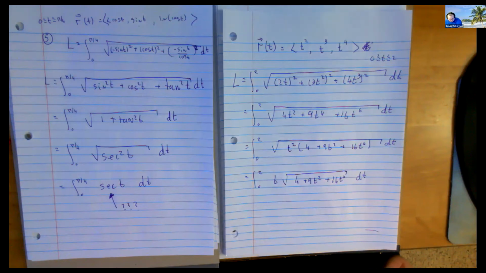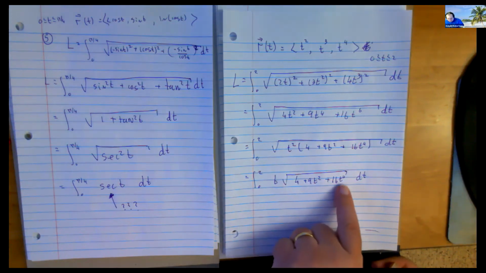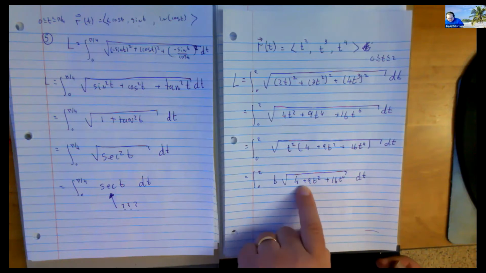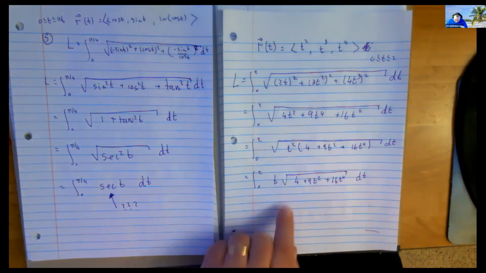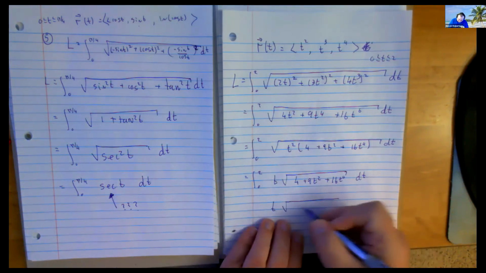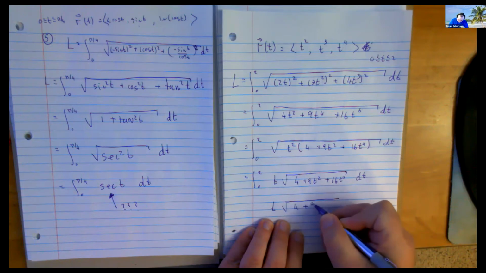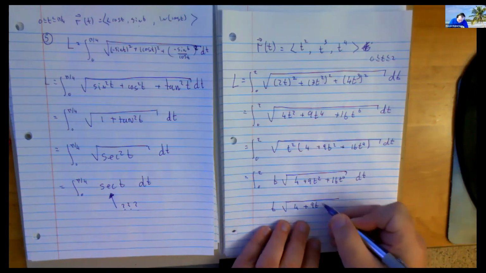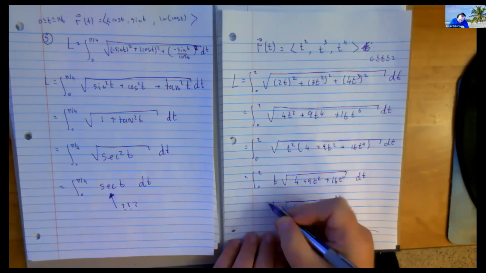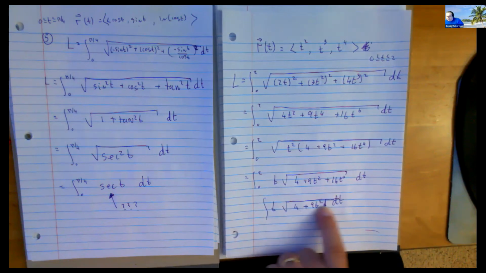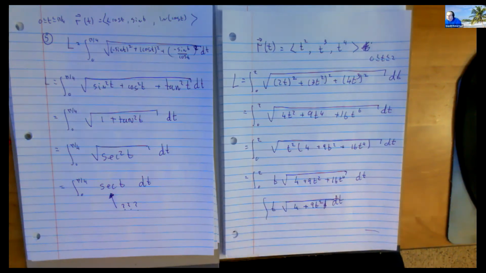Now, if they had designed the question in a better format, couldn't this fella here have been something that you do a U-sub on and get this guy? In other words, if this had been done in a better format, or something like that, like 4 plus 9t squared, couldn't that have been a U-sub question? You can't win them all.